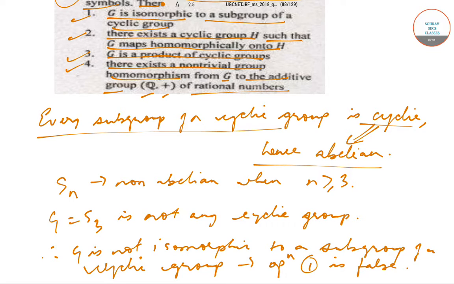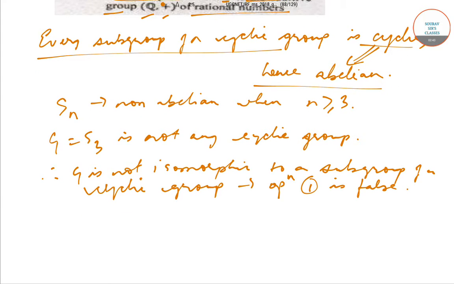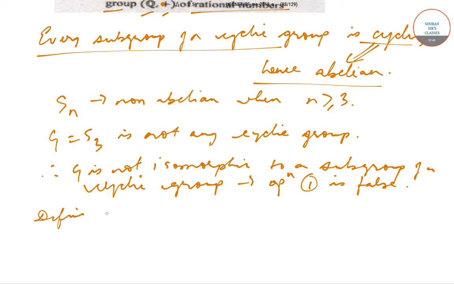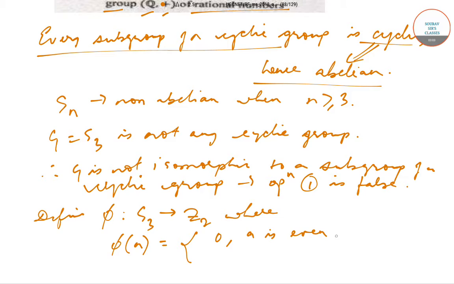Now let us shift our focus to option B. In option 2, it has been said that there exists a cyclic group H such that G maps homomorphically onto H. So let us define a mapping phi which goes from S3 to Z2, where we'll define that phi of A is equal to 0 when A is an even permutation, and phi of A is equal to 1 when A is an odd permutation.